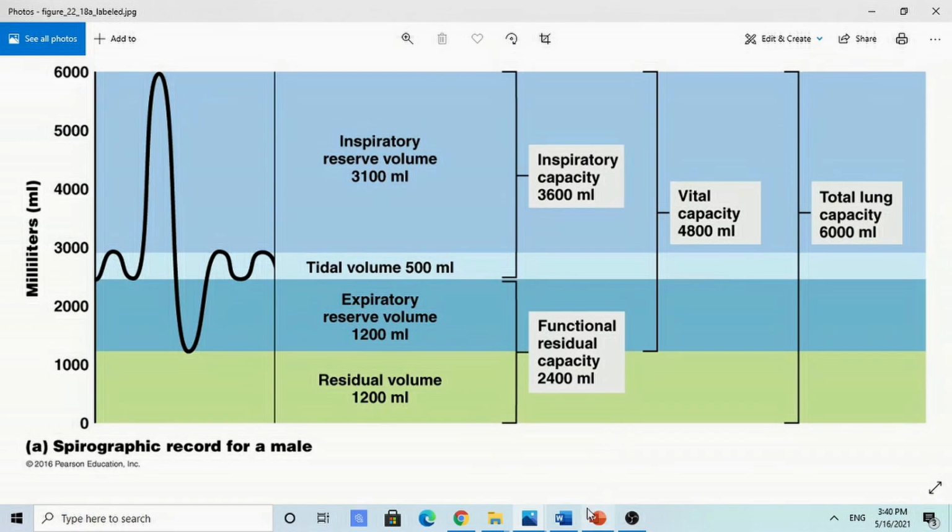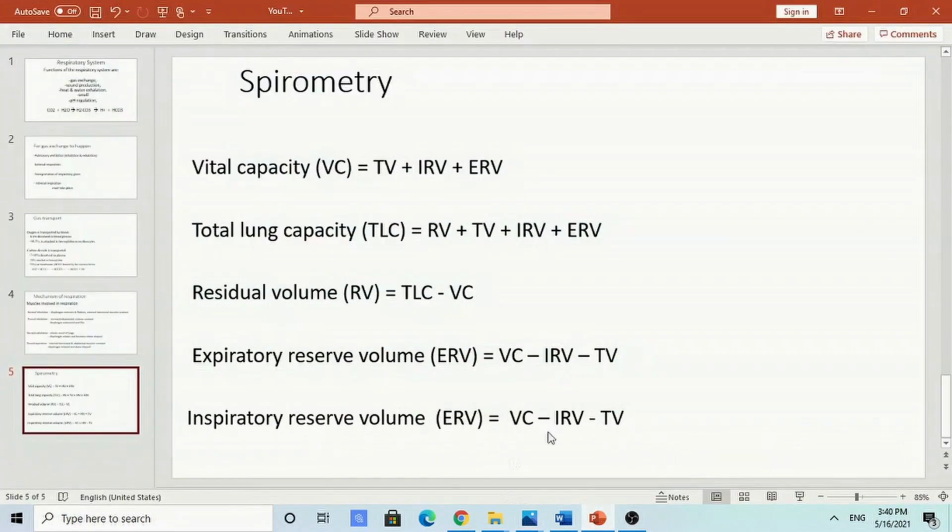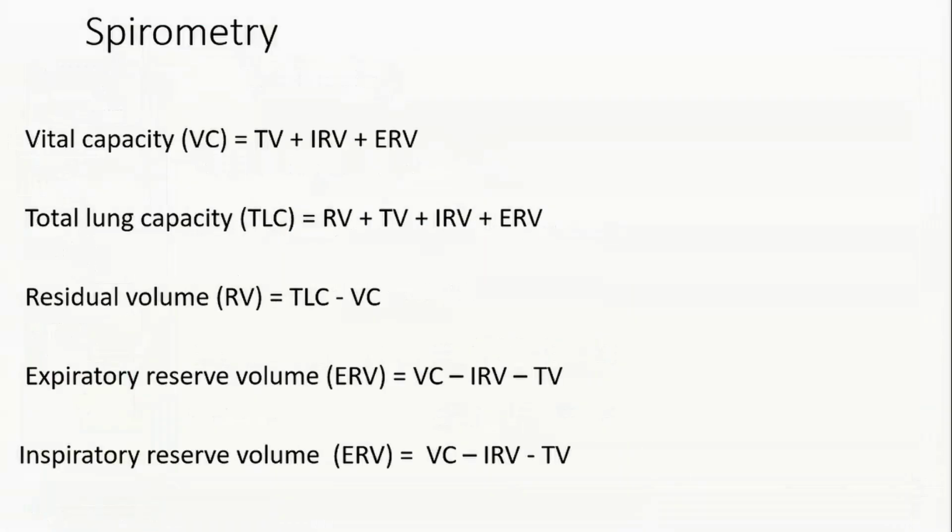So when we come to the formulas which are here, look at this formula. Vital capacity, I told you, is tidal volume plus inspiratory reserve volume plus expiratory reserve volume. You need to get used to these abbreviations also.